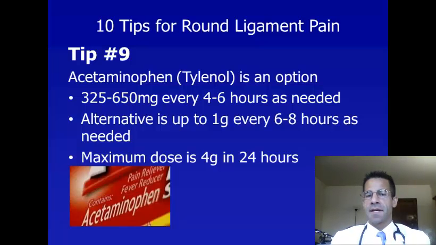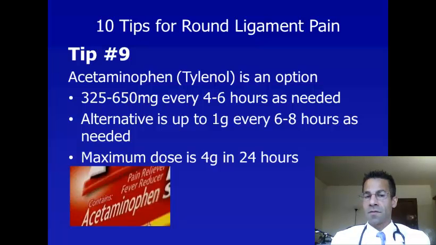Tip number 9 is, if all of these methods that I've described don't help and you're still having pain, and you've spoken to whoever's taking care of your pregnancy and you're sure it's round ligament pain, whoever's taking care of your pregnancy may recommend Tylenol or acetaminophen for the pain.